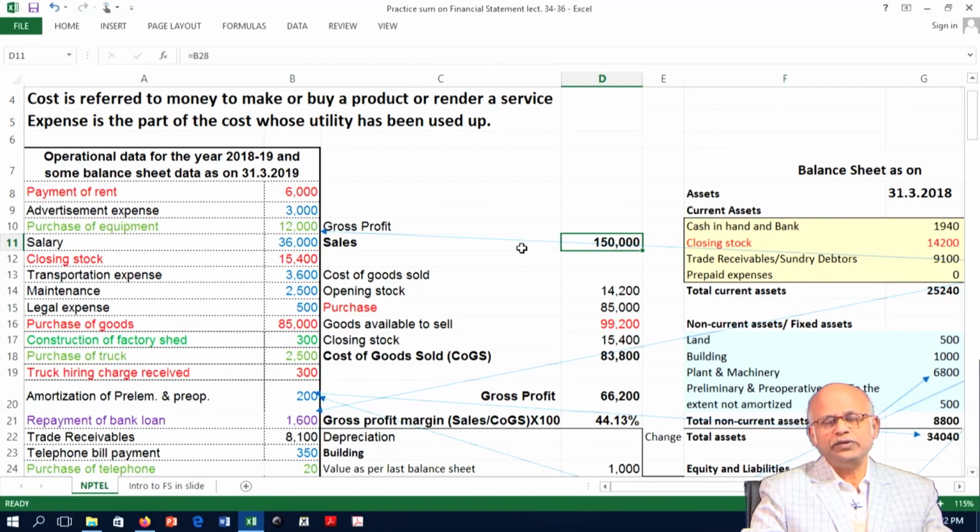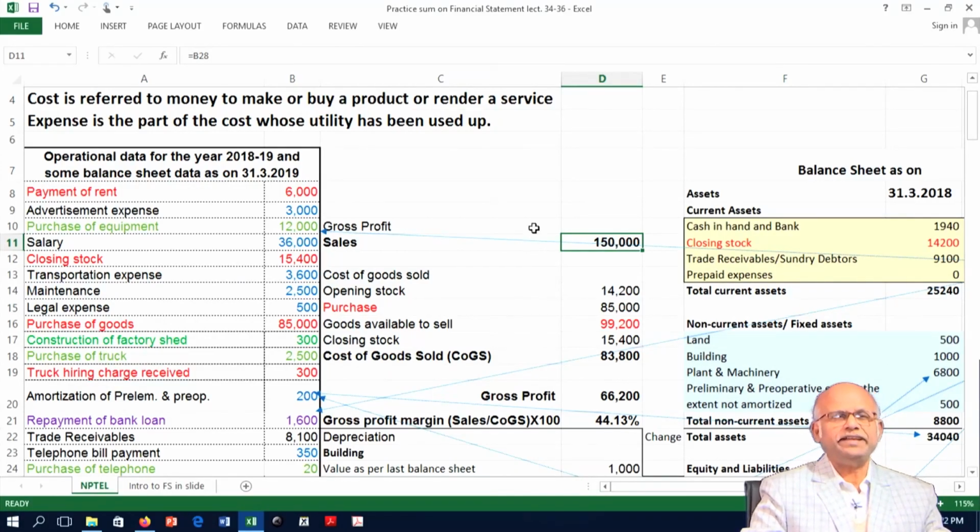Suppose we are in the year 2018-19, meaning the year that started on 1st of April 2018 and ended on 31st of March 2019. We are sitting in the year 2019-20, but we are preparing the balance sheet and profit and loss account for the year gone by, that is 18-19.